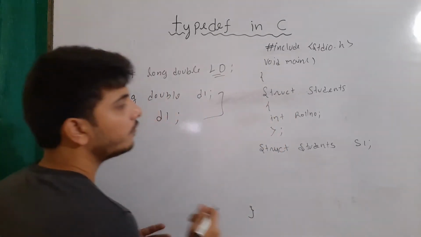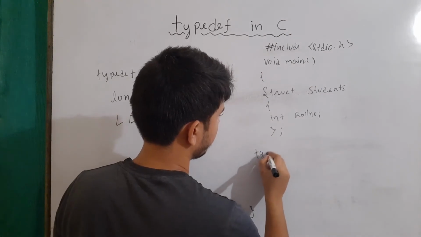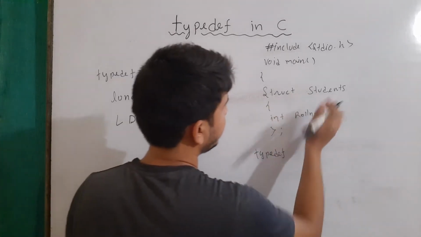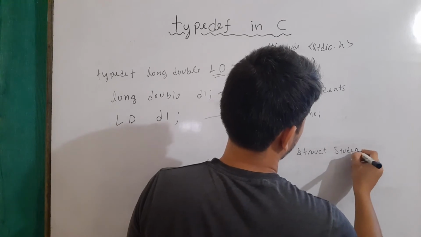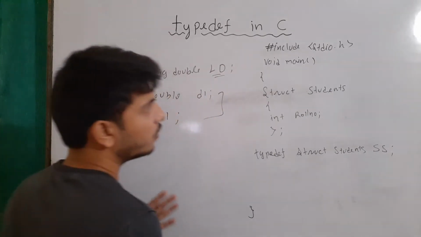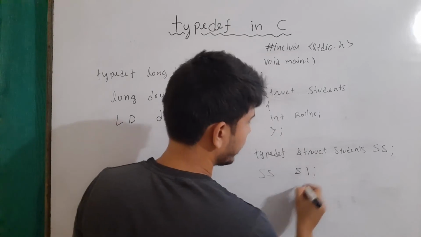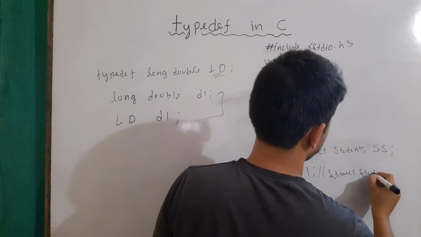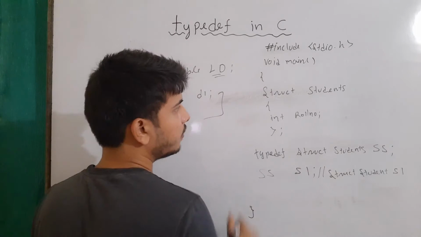Now when we want to use typedef with the structure, we write typedef, then the name of our data type, struct students, and what you want to use, for example ss. Now if I want to make variables of type struct students, I can write ss s1. This is equivalent to writing struct students s1.